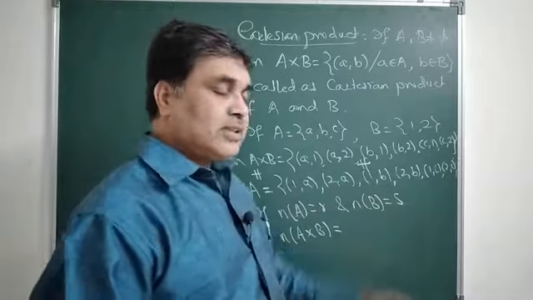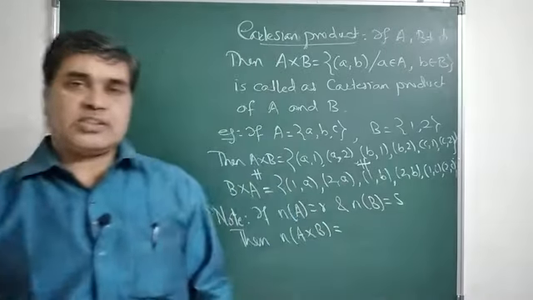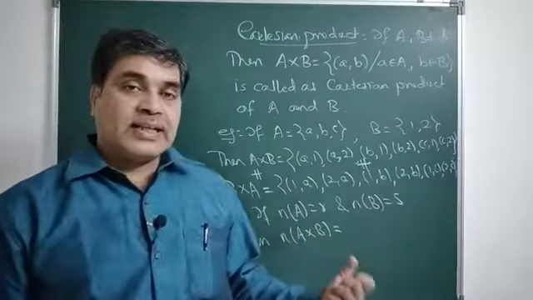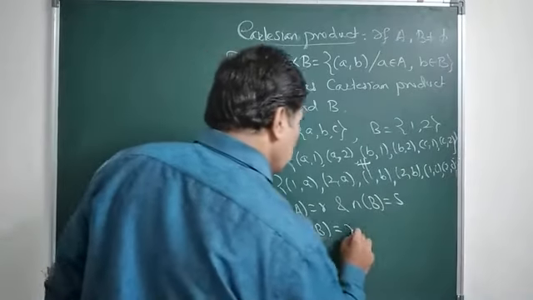The Rth element gives us S. So S plus S plus S, R times, gives R into S.